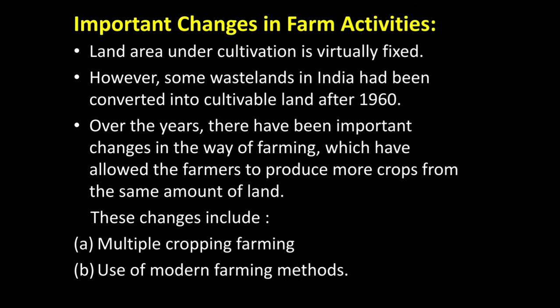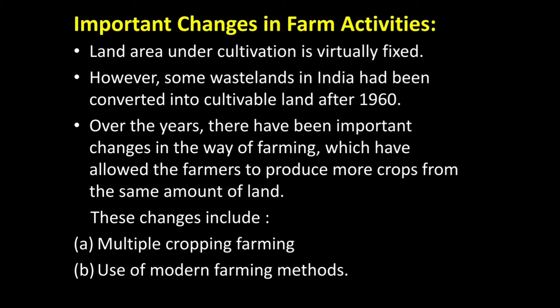If a farmer, for example, owns 1 acre or 2 acres or 3 acres of land, then the land cannot multiply by its own. It cannot increase, it cannot grow. The only way of growing your land is purchasing more land.